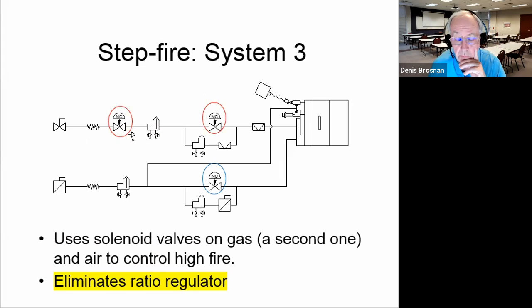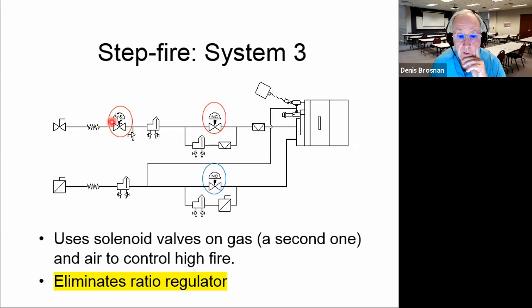The next system basically eliminates the ratio regulator. So we've got an air line, and in that air line we have a solenoid valve that's controlling the air.